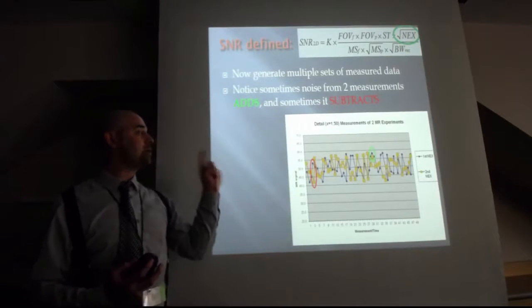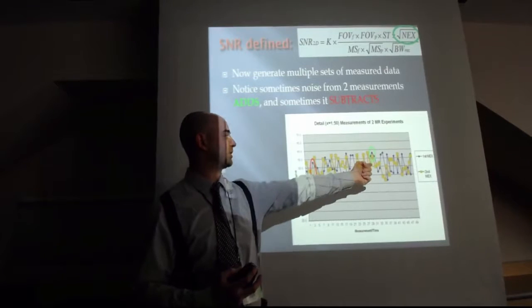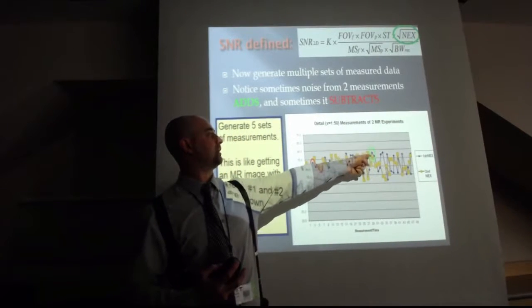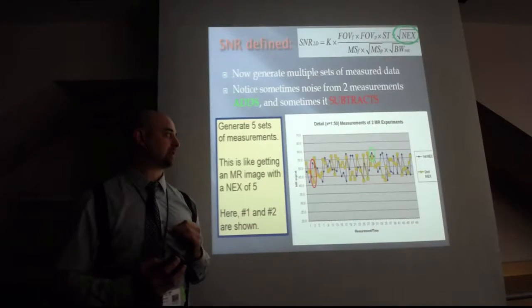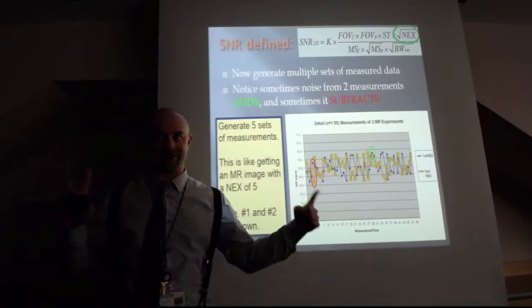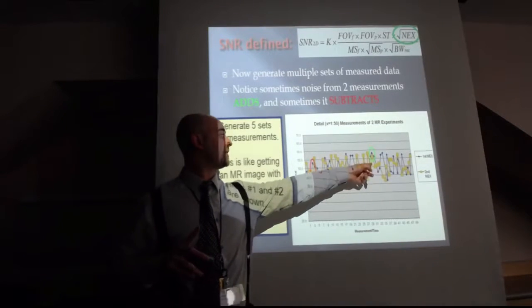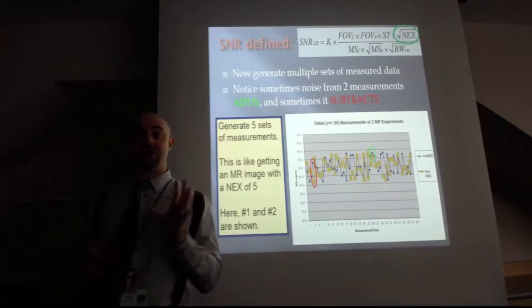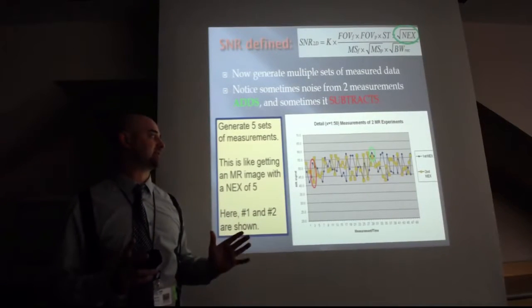Now notice that sometimes in these 2 measurements, 50 is where we're supposed to be. At this point, both our first and our second have added positive noise. So in the resultant additive overall signal, at this point, the noise is going to be much higher, in fact even higher than we've constrained the noise to be allowed to get to.